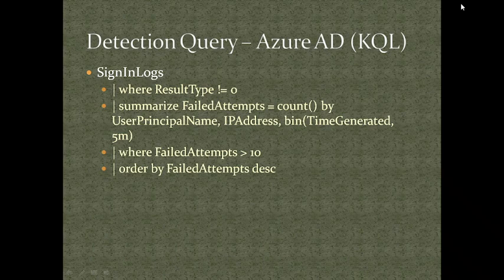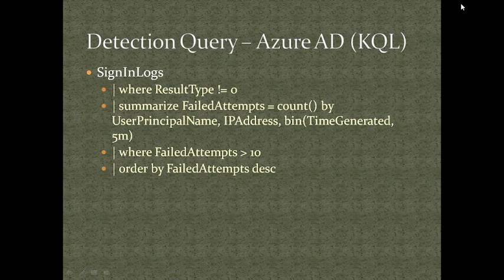Then we need to count the number of failed attempts. So we will use summarize failed attempts equals to count, and we need to get the output fields. What we need is the username and the IP address from where the failed attempts came, and the time window will be 5 minutes.